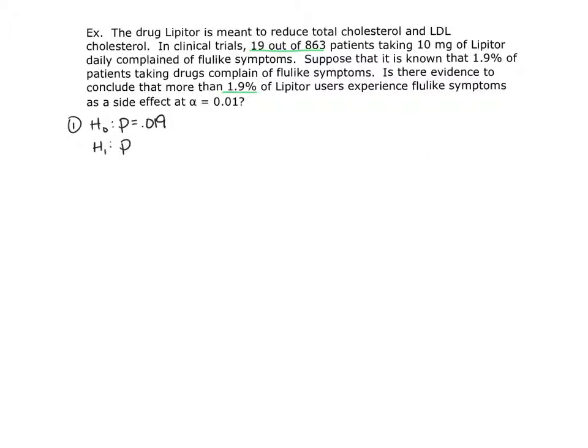The claim is that more than 1.9% of Lipitor users experience flu-like symptoms. So our alternative is P is greater than 0.019. Step 2, we state alpha. Alpha is equal to 0.01. Step 3, we calculate our test statistic.